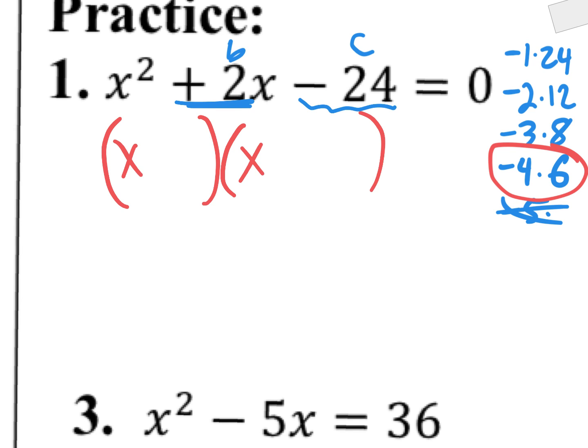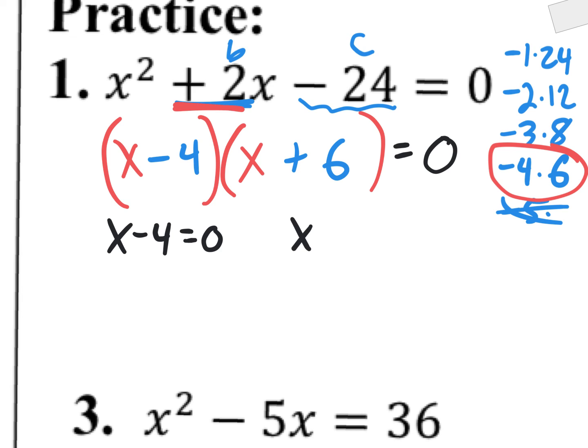Negative 4, positive 6. We factor to be able to get this equal to 0, to be able to split them and solve. So we have x minus 4, that could equal 0. X plus 6, that could equal 0. This is going to be on the test next Friday. So what are my two answers going to be? X equals 4.